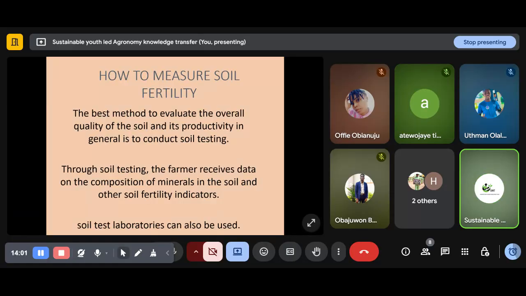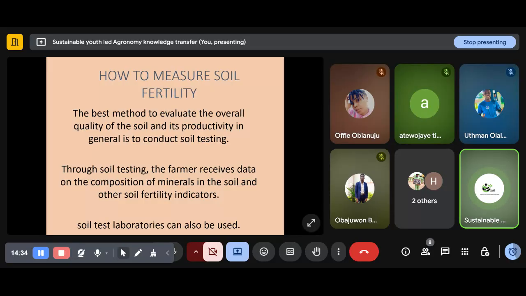So how do we measure soil fertility? Now, the best method to evaluate the overall quality of the soil and its productivity is to do soil testing. Soil testing is the best way for you to measure your soil fertility, because through it you will get the right data, the right amount of nutrients that your soil has.